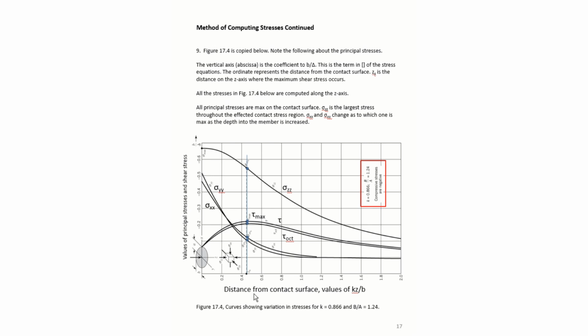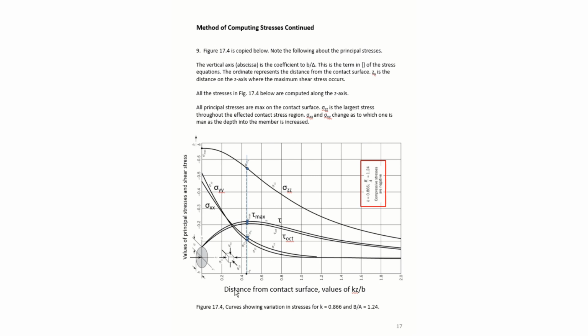In this figure down here, the vertical axis shows the values of the principal stresses. So this top curve is sigma ZZ, this curve here is sigma YY, and this curve here is sigma XX. Just looking at those, you can see that the amplitudes change as B over delta gets bigger, going in this direction.